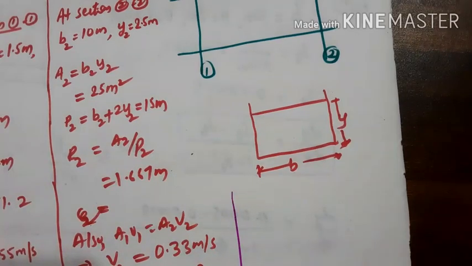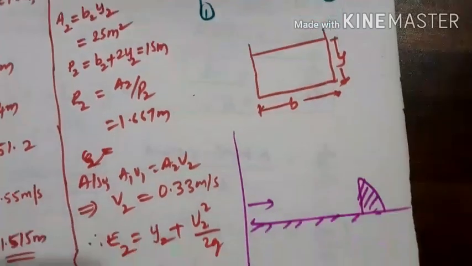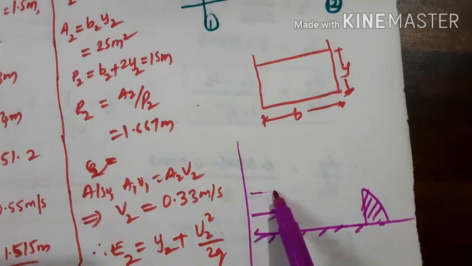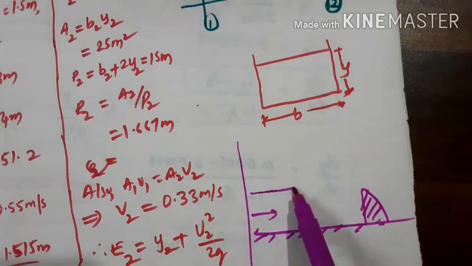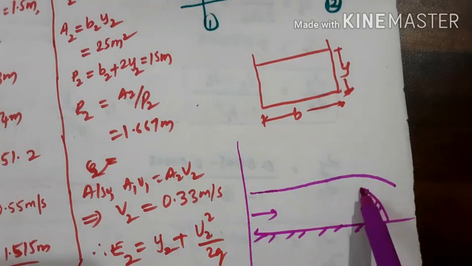If this is the bed of the channel, water is flowing in this direction. If any obstruction comes along the direction of flow, then this water, whatever depth it has, gradually rises as it approaches the obstruction.